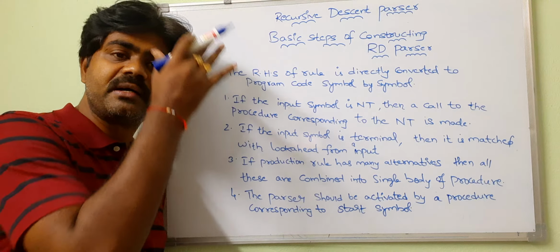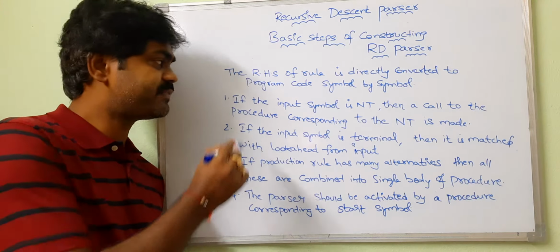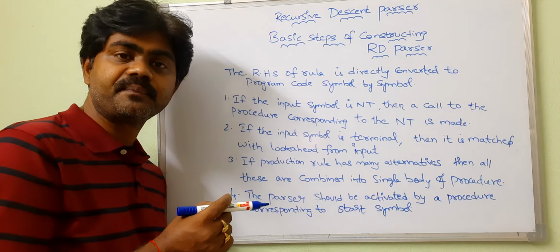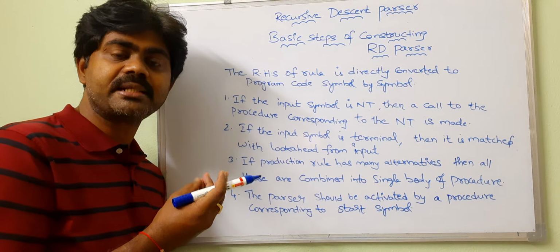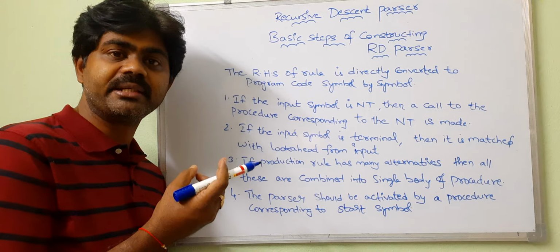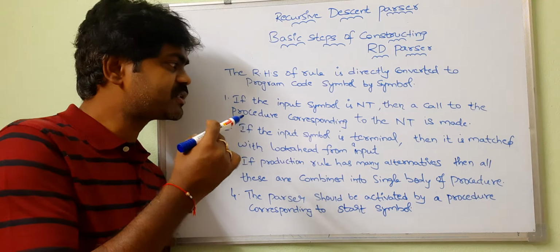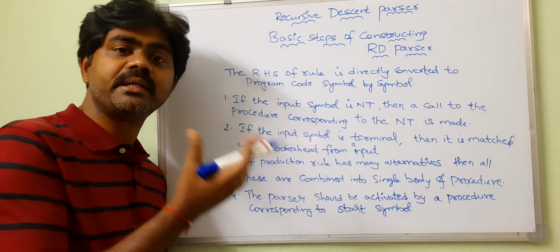Here we have four basic steps to be followed. What is the first step? If the input symbol is an NT, non-terminal. You know what non-terminals are, right? Capital A to capital Z are your non-terminals. If the input symbol is a non-terminal, then a call to the procedure corresponding to the non-terminal is made.